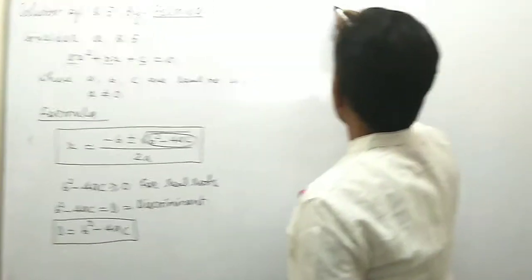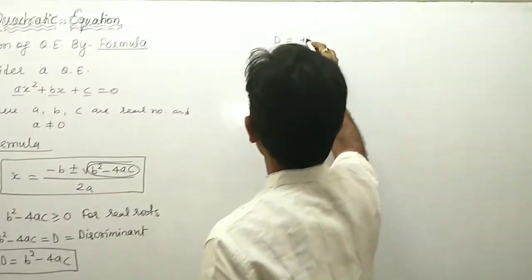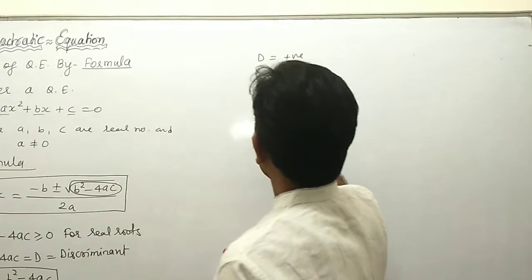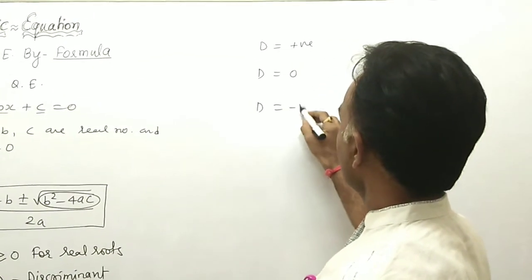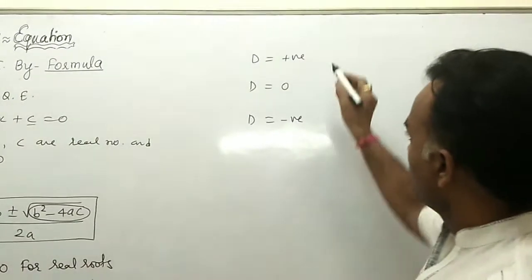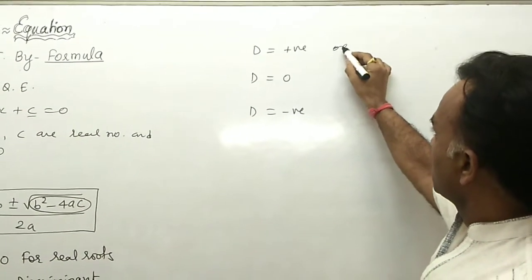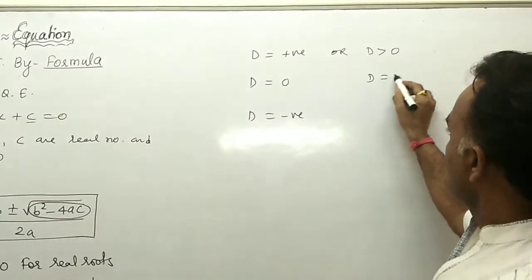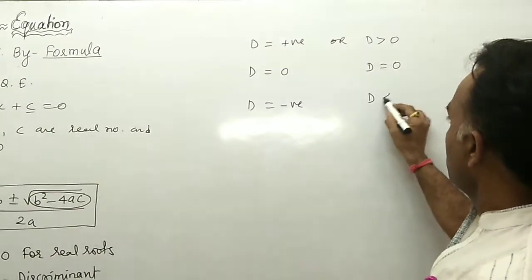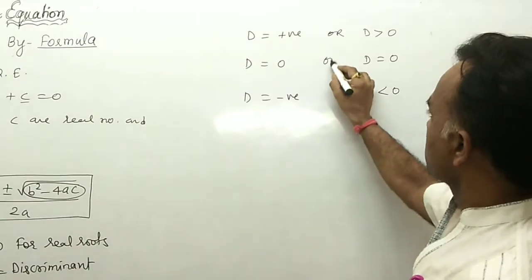D can be a positive value, D equal to 0, or a negative value. So you write down D greater than 0, D equal to 0, or D less than 0, because there are three possibilities.